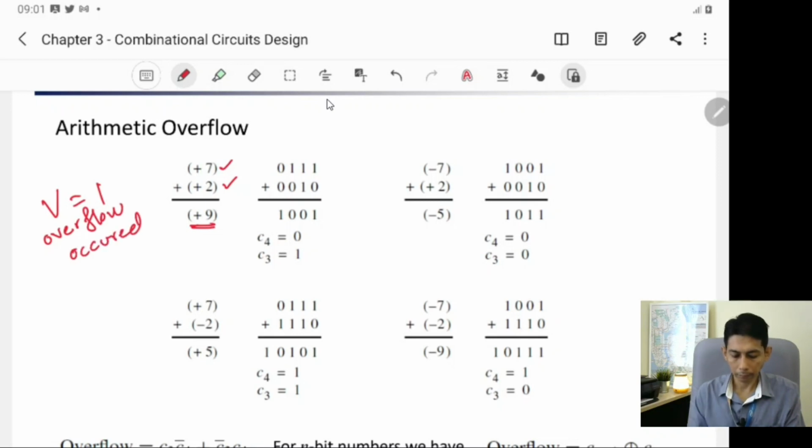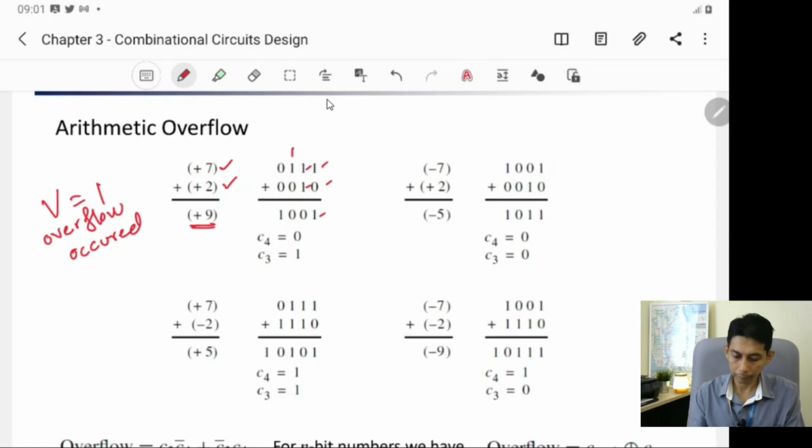Let's see in digital, when we add these two numbers, what happens. 1 plus 0, you have 1. 1 plus 1, you have 0, and you have 1 carry here.